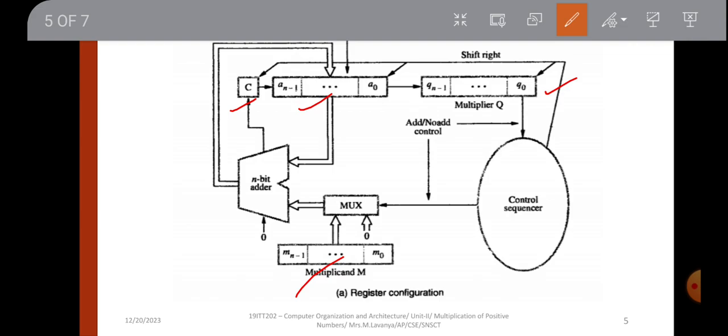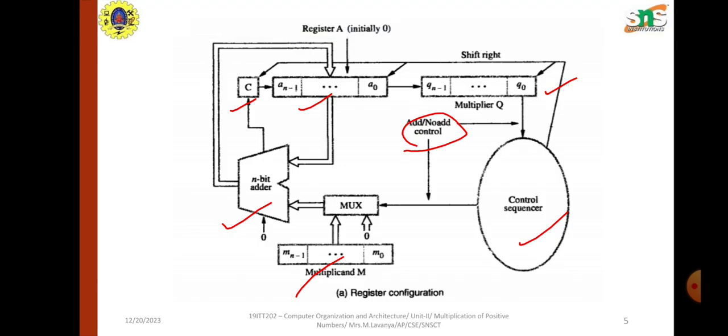All addition operations will be performed in the n-bit adder, and all the control signals will be given using the control sequencer. This is nothing but the add or no add control operation. This is the flow of sequential binary multiplication.